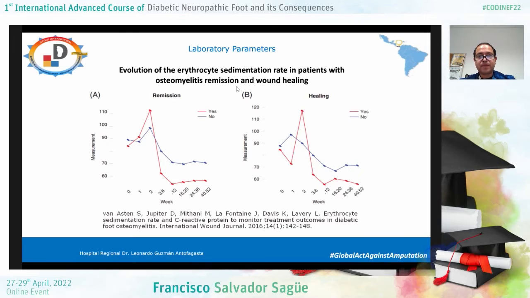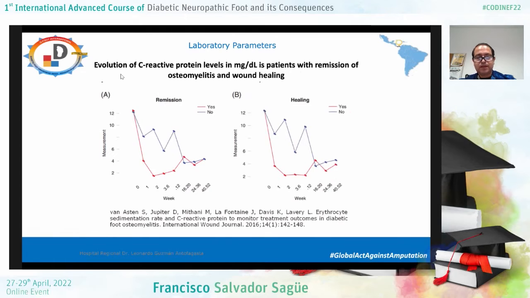Evolution of the sedimentation rate in patients with osteomyelitis and wound healing in this. And the evolution of the C-reactive protein level in patients in remission of osteomyelitis and wound healing.